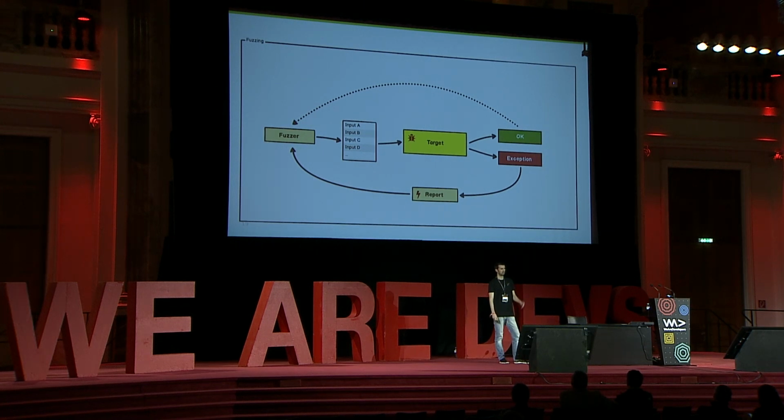If the fuzzer finds an input that crashes the application and there is an exception, the fuzzer will typically generate a report with a reproducible test case. So we as developers can look at it and fix the bug. That's only a very basic overview of how fuzzing works. In reality, it will get a lot more complicated.